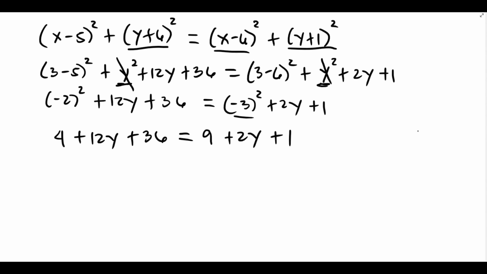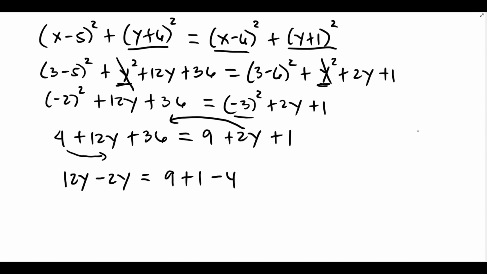This time combine all terms with y: 12y, transpose this positive 2y, becomes negative 2y, equals 9 plus 1, transpose this positive 4, that becomes negative 4, transpose this positive 36, that becomes negative 36.